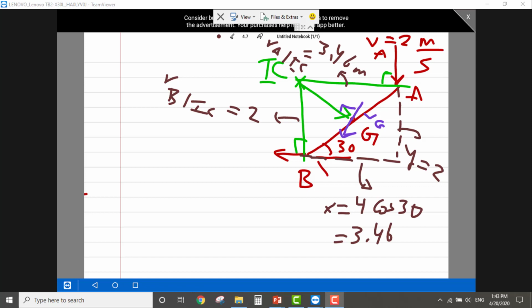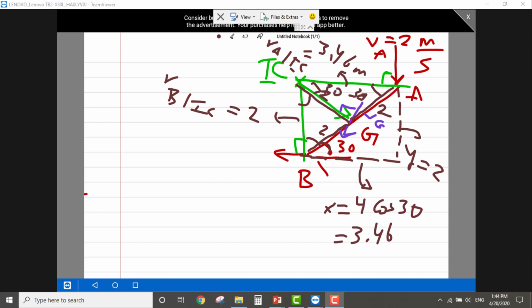So if this length is 2 and the length from A to the centroid is 2, then this length again is 2, and this angle is 60, and as a result this is 2. Or you can look at it from another triangle. If this angle is 30, then this angle is 30, and this length again must equal this one.